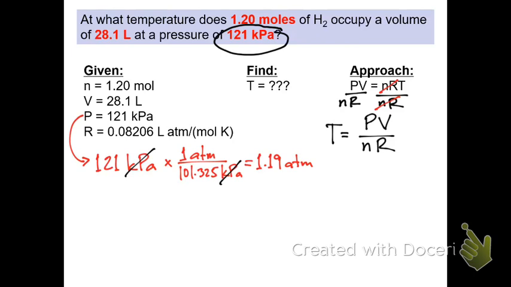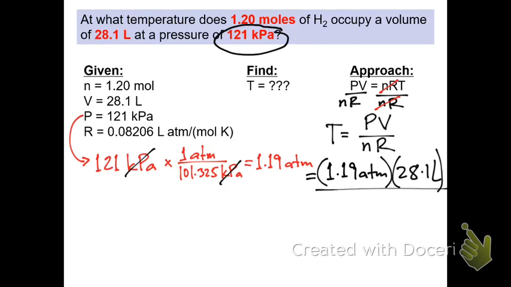All right, so all you have to do now is plug in the numbers. So we have the pressure in atmosphere, which is 1.19 atm. And you multiply this by volume, which is 28.1 liters, divided by the number of moles, which is 1.20, times the ideal gas constant, which is 0.08206, and the units.